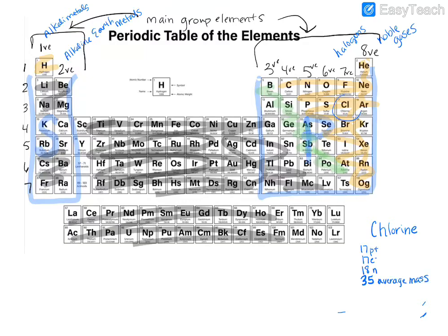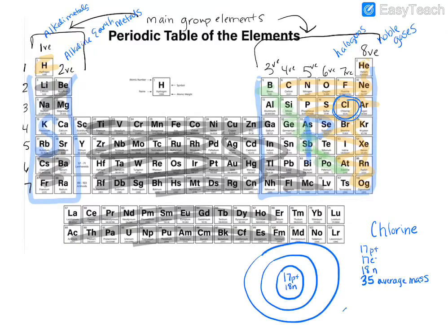Now, chlorine is in period 3, so if I'm going to draw a Bohr model of chlorine, it's going to look like this. I'm going to put its proton and neutron count here in the center because they are in the nucleus. It's in period 3, so it's got 1, 2, 3 energy shells.